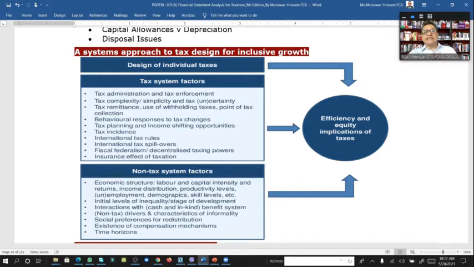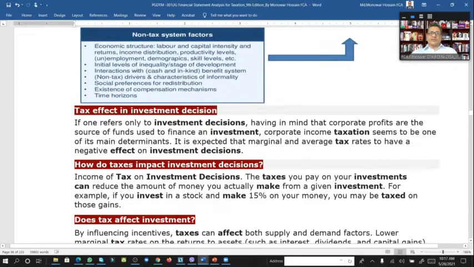So efficiency and equity implications of tax can be adjusted with tax system factors and non-tax system factors.